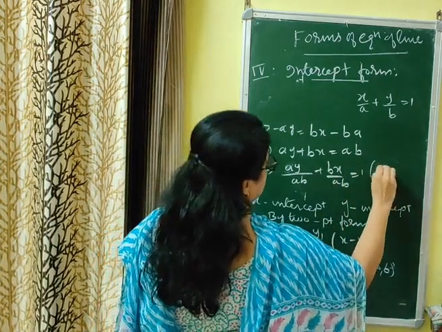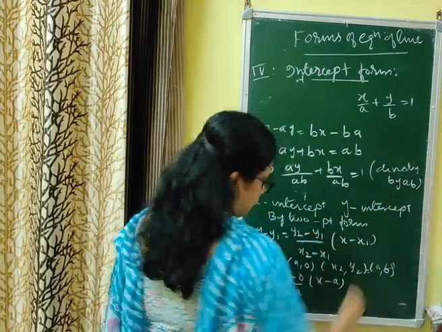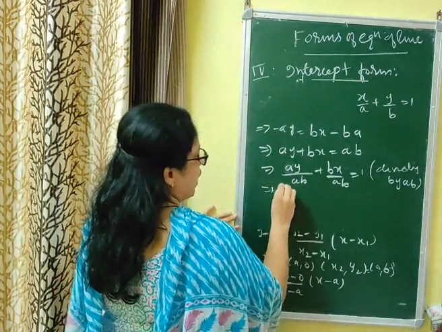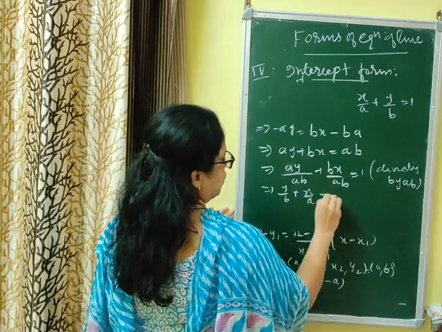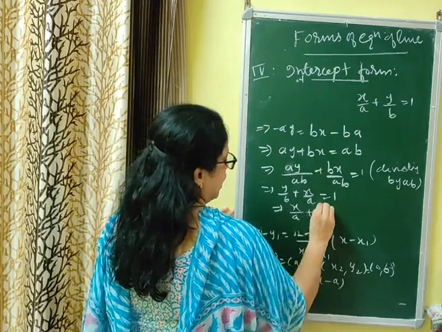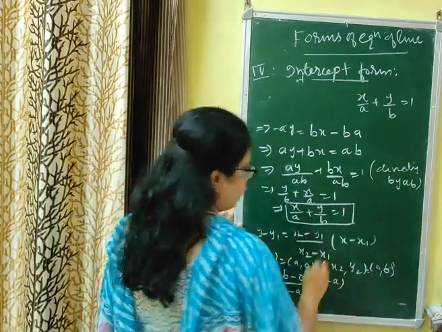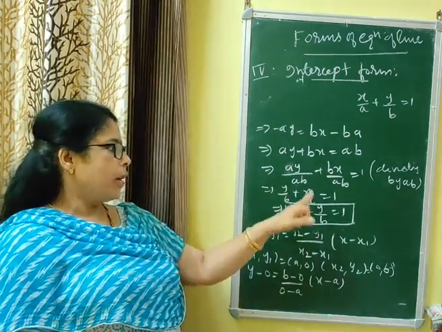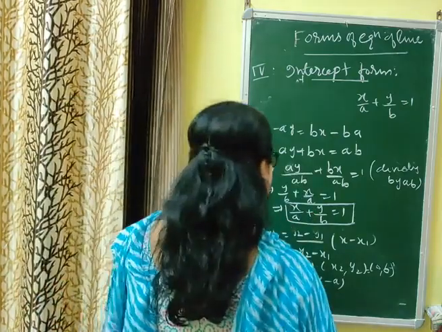The a's cancel and the b's cancel, so you get y by b plus x by a equal to 1. Converting to standard form, you can write it as x by a plus y by b equal to 1. This is the derivation of the intercept form of the equation of a line. The denominator under x is the x-intercept, and the denominator under y is the y-intercept. That is, x by a plus y by b equal to 1.